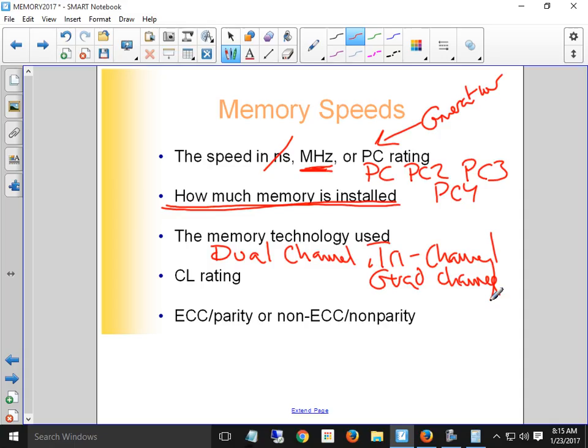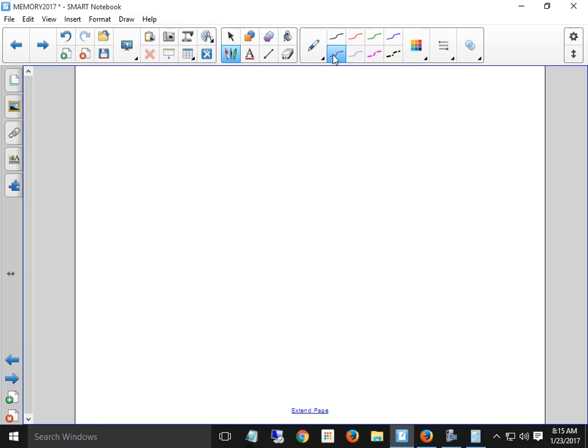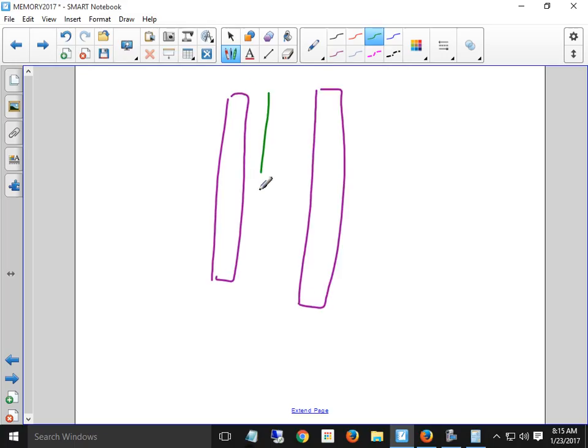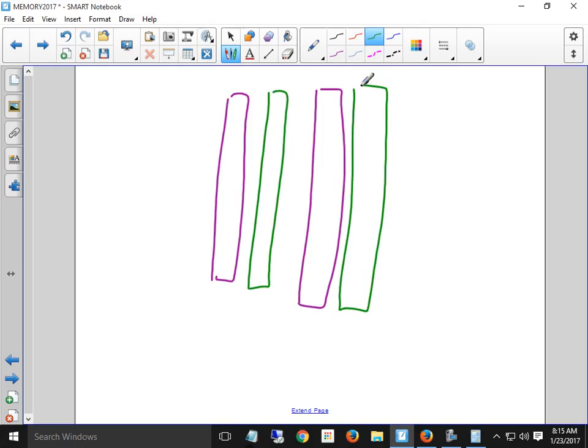For instance, let's say this had 4 gig RAM in it, and I put in a 4 gig stick. I turn it on, and sometimes we see this memory would be better put in. Okay, I said that wrong. Okay, here, I'm going to draw a picture. When we looked at our motherboards, we frequently saw something like this, not necessarily purple, but we frequently saw on your motherboard 4 spots of RAM in 2 different colors.